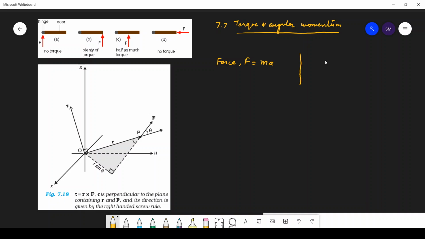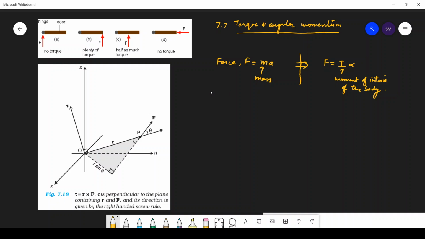If we talk about force, then F is equal to I into alpha. So I is the moment of inertia of the body. It depends on the axis of rotation, and here m is the mass. So that's the analogous formula.